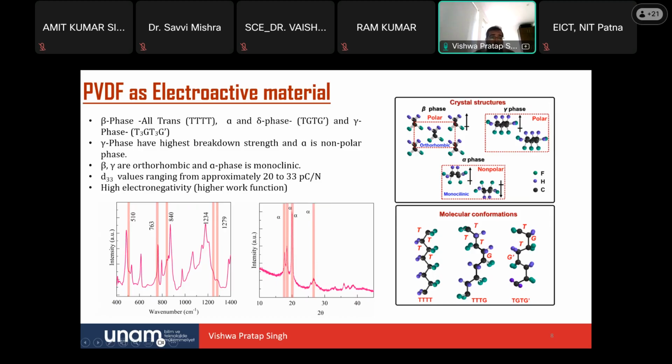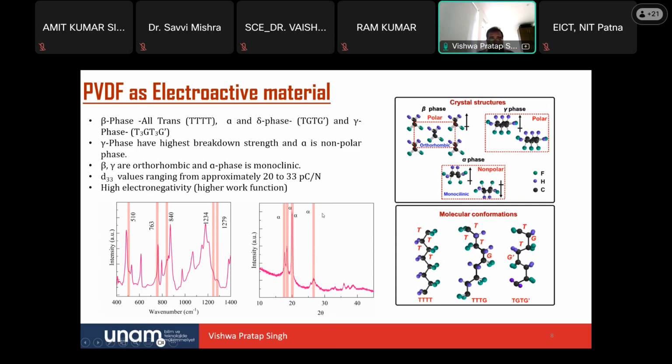Previously I have shown a kind of tetragonal structure, not exactly like that, but similar to that. It has a higher dipole moment as compared to the alpha and gamma phases, even more than the delta phase. So people generally want this in the PVDF material.